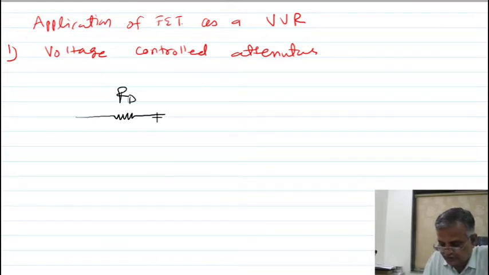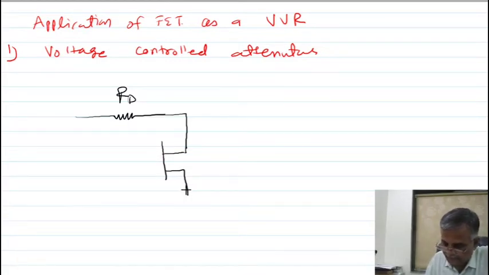The resistor is connected in the drain circuit. I am giving the negative voltage.